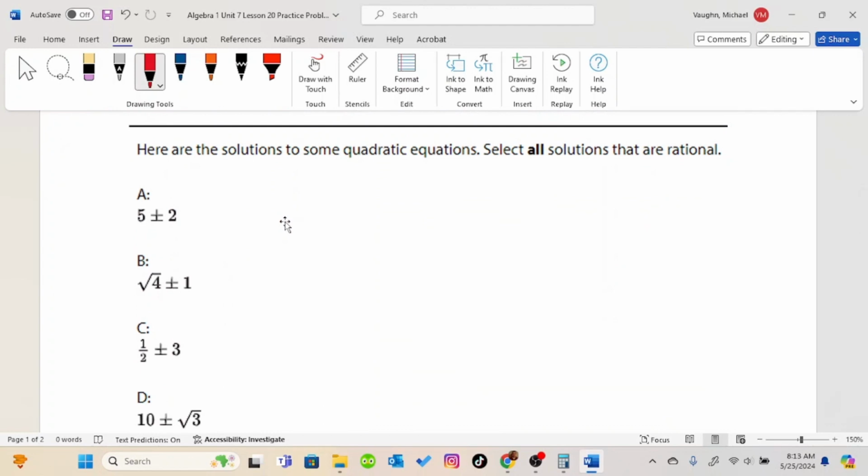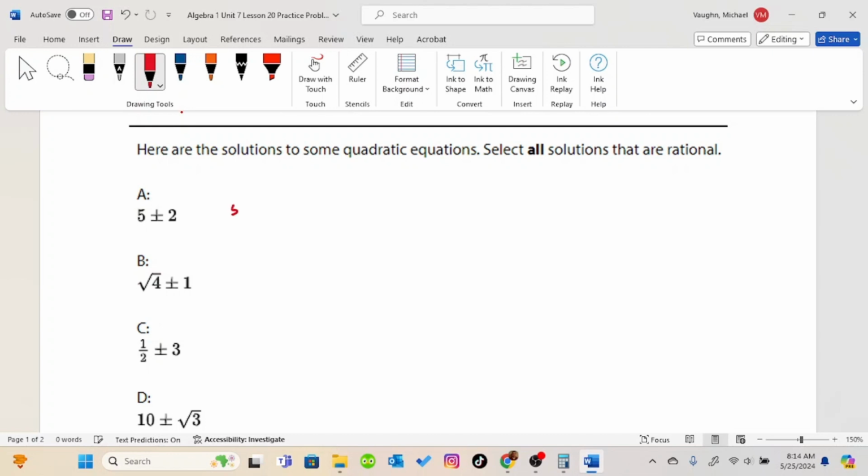On our next practice problem, it says here are the solutions to some quadratic equations. Select all solutions that are rational. So, if we look at this, we have 5 plus or minus 2.